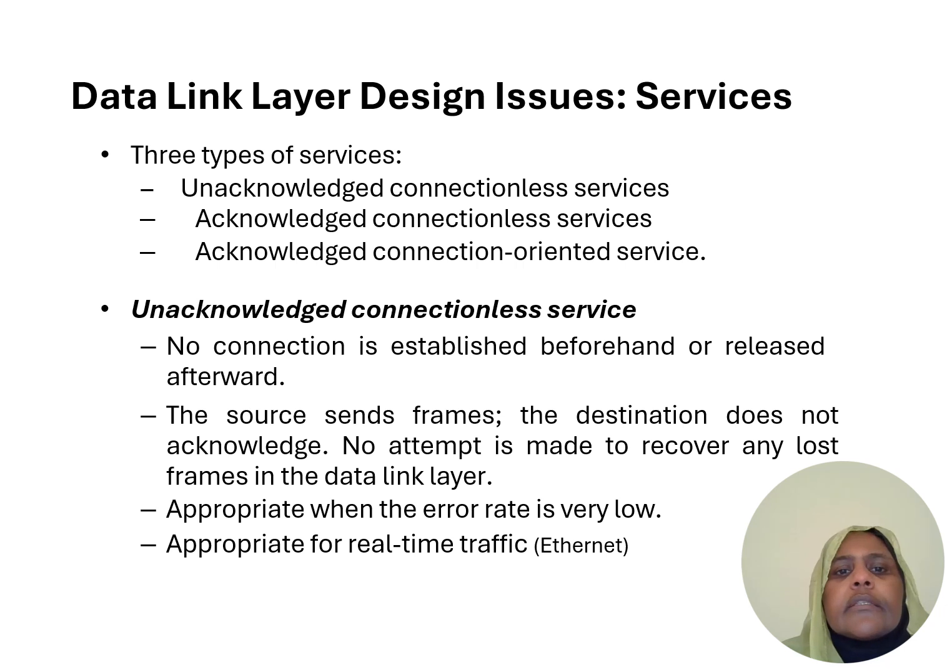The source sends the frames to the destination and does not expect any acknowledgement or confirmation that the data has reached the destination, and no error check is made whatsoever. It's appropriate for channels with low bit error rate like fiber optics, and for real-time data like multimedia data.